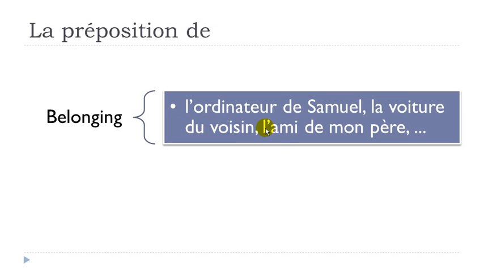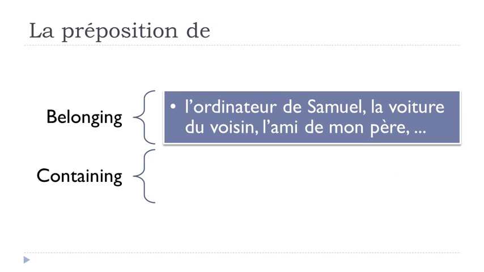Other possibility, l'ami, the friend, de mon père, of my father. So it's really this belonging, something or someone belonging in a way to something or someone as well. Okay, so l'ordinateur de Samuel, la voiture du voisin, l'ami de mon père.